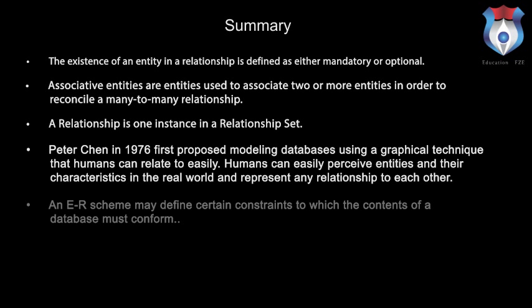Peter Chen in 1976 first proposed modeling databases using a graphical technique that humans can relate to easily. Humans can easily perceive entities and their characteristics in the real world and represent any relationship to each other. An ER scheme may define certain constraints to which the contents of a database must conform.